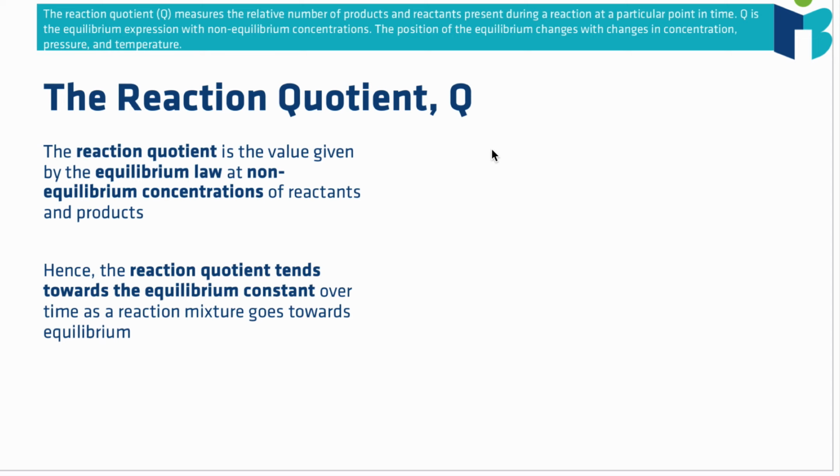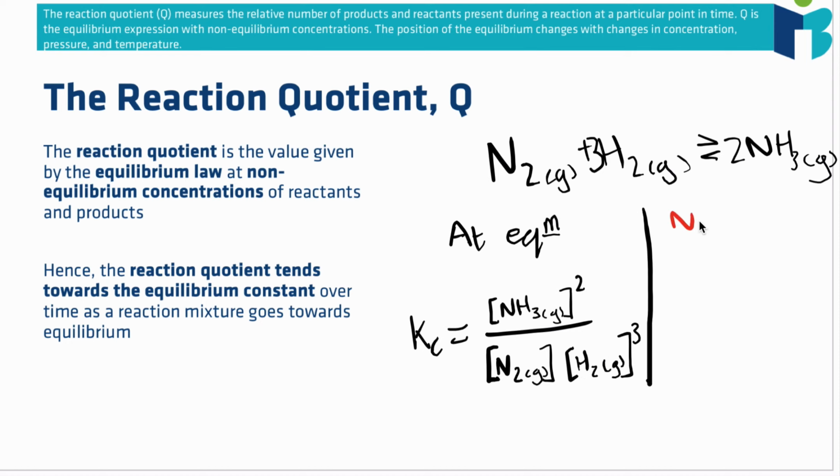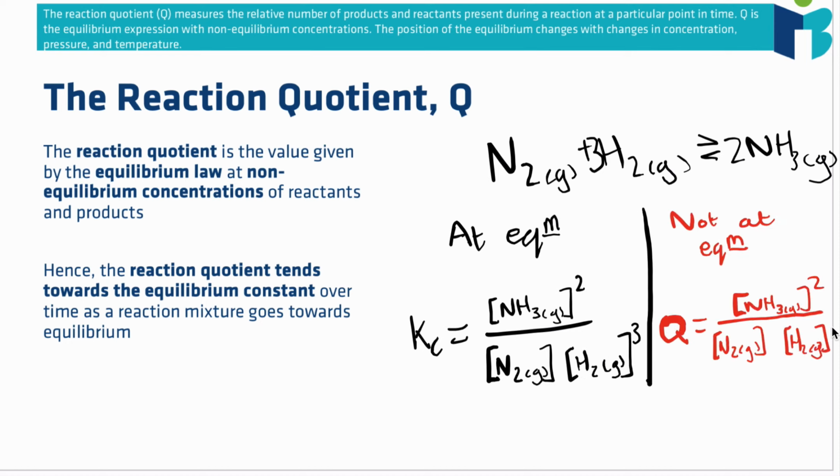So taking the Haber process again, at equilibrium, when our concentrations of NH3, N2 and H2 are constant, this equation will give you a constant value that gives you an impression of how far your equilibrium is shifted to the left or right. However, before you reach equilibrium, when your concentrations are still changing, you can calculate the value of this equation at any given time, and it will give you something called the reaction quotient.